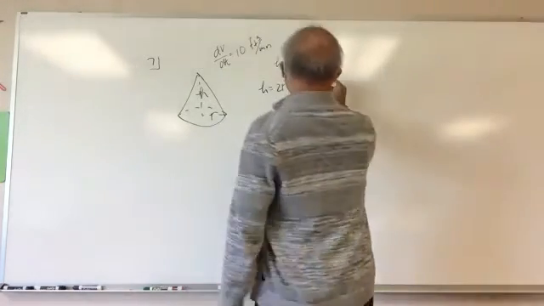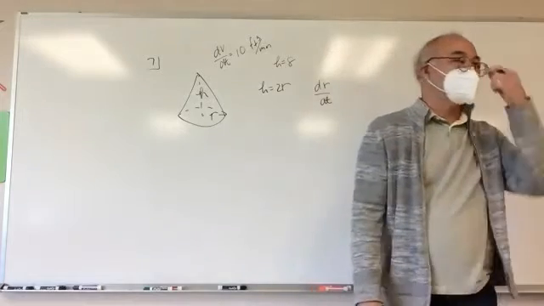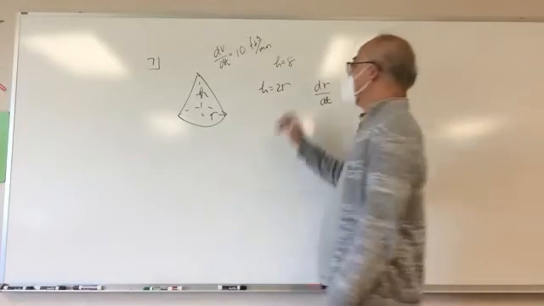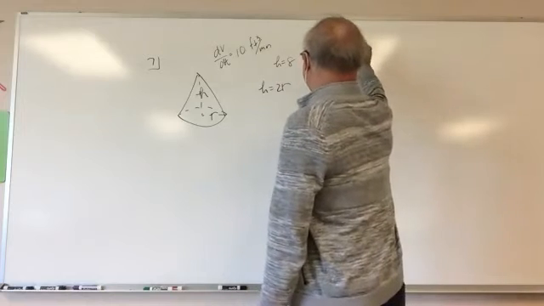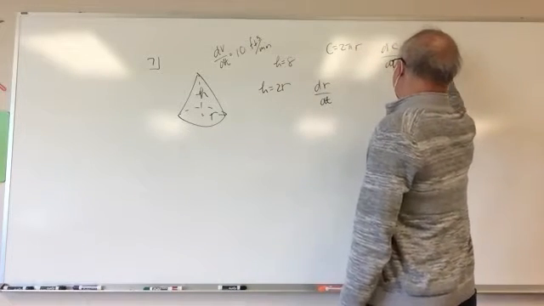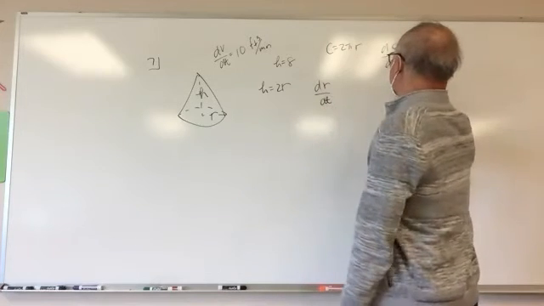So basically what we really want to know is dr/dt, correct? Because if we know dr/dt, we can find dC/dt. dC/dt is equal to 2 pi dr/dt. So if we can figure this out, we should be able to figure this guy out.